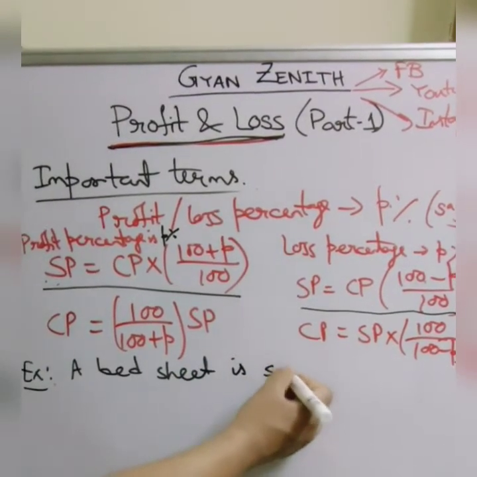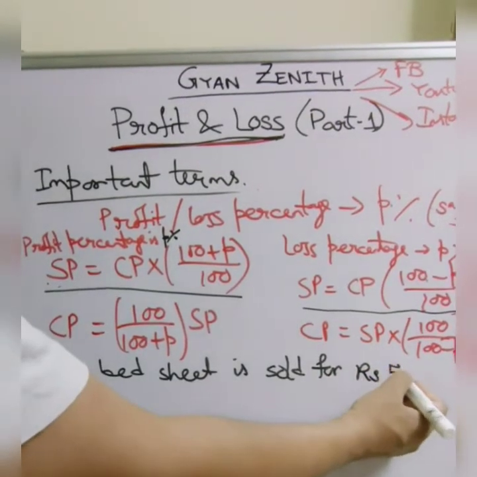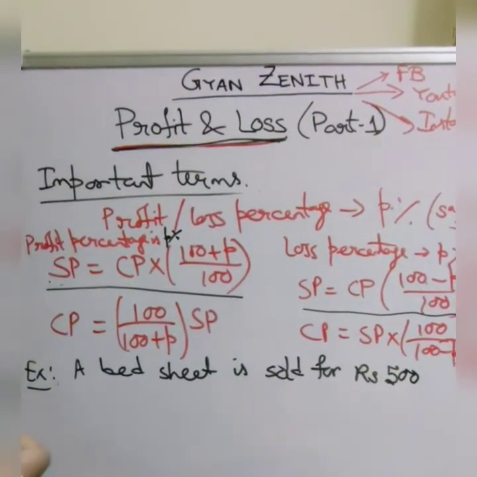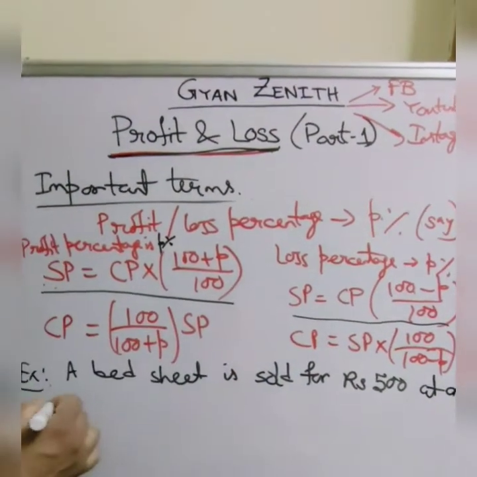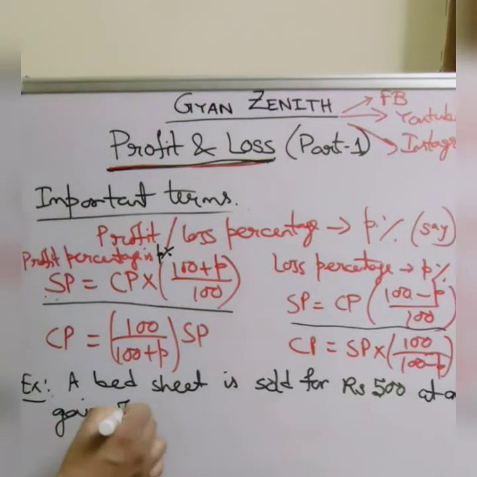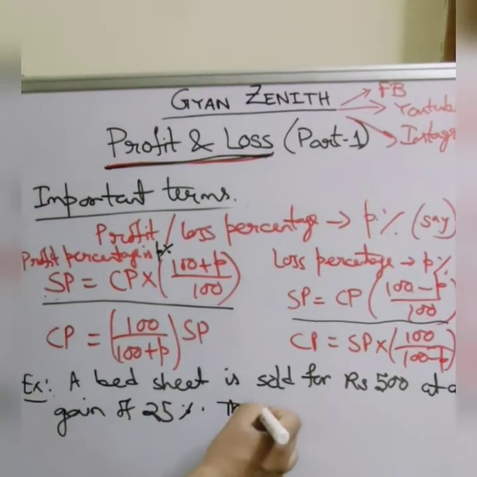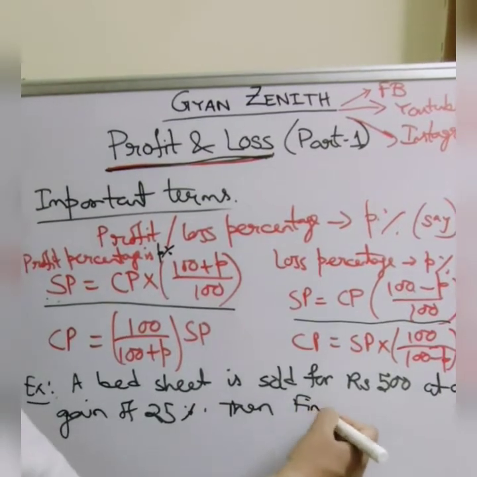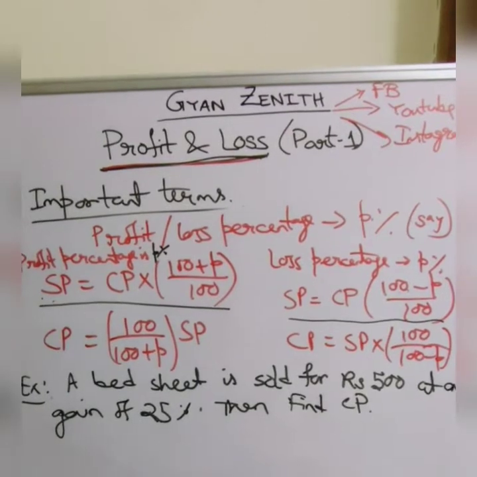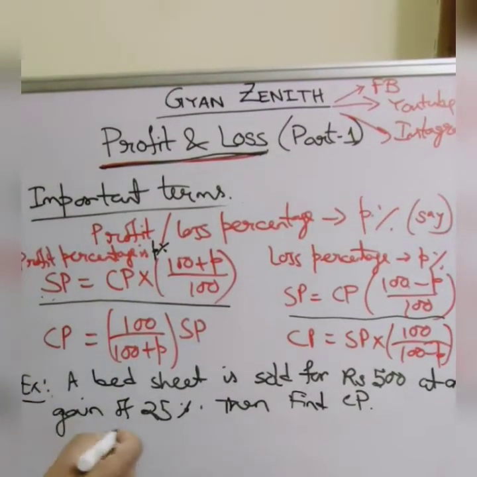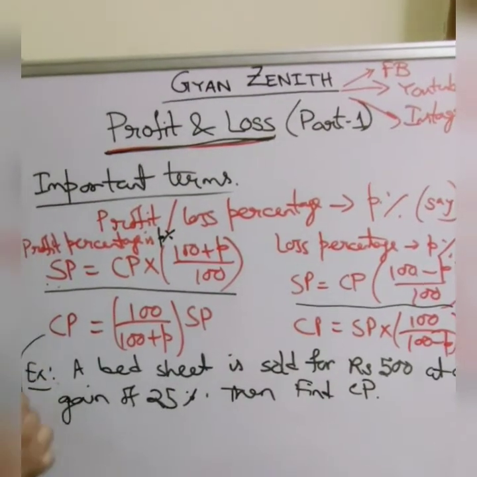A small example on this concept: a bed sheet is sold for rupees 500 at a gain of 25%. Find CP. So here we can straight away use this formula.